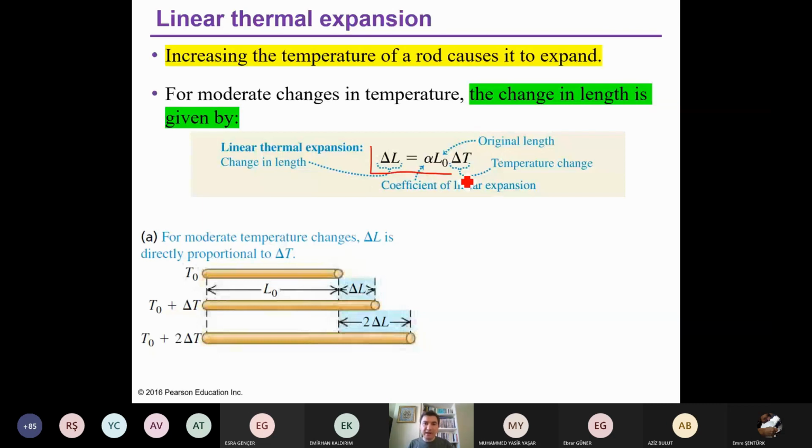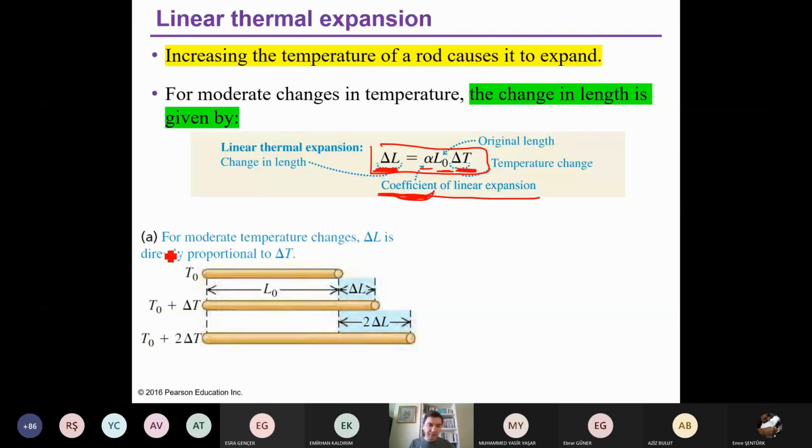This is delta L, the change in the length of the rod, and this is alpha, the coefficient of linear expansion, and it is specific for each material. Each material has a certain coefficient of linear expansion. Here we have L0, the original length, and this is delta T, the change in temperature. So you change the temperature of the rod, then you change its length.